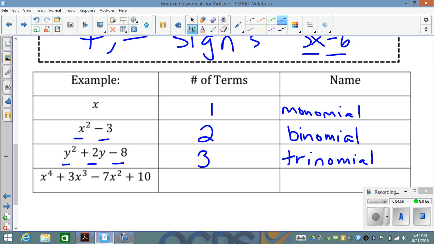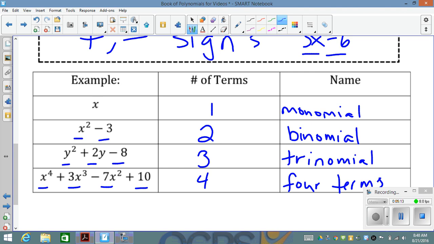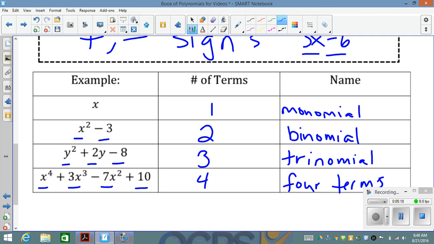And our last example here, 1, 2, 3, 4 terms, and at this point we just say 4 terms, 5 terms, 6 terms, etc. I'm sure there's a name for it. I don't know it right off the top of my head. It's not important because we're just going to call it by the number of terms it has after we get over trinomial. Most of what we do will be dealing with those three: the monomial, the binomial, and the trinomial.